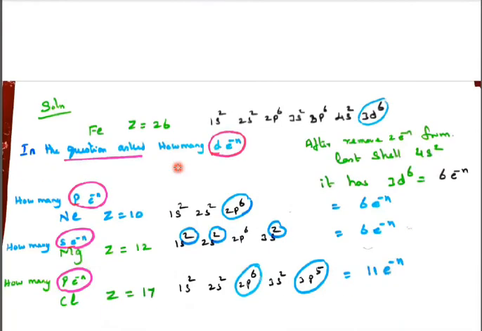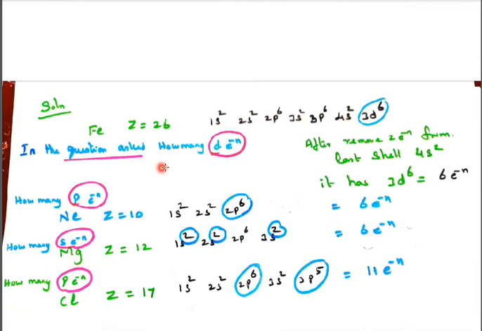Just see the answer discussion. For the ion, atomic number is 26: 1s2, 2s2, 2p6, 3s2, 3p6, 4s2 and 3d6. In the question they asked how many d electrons.